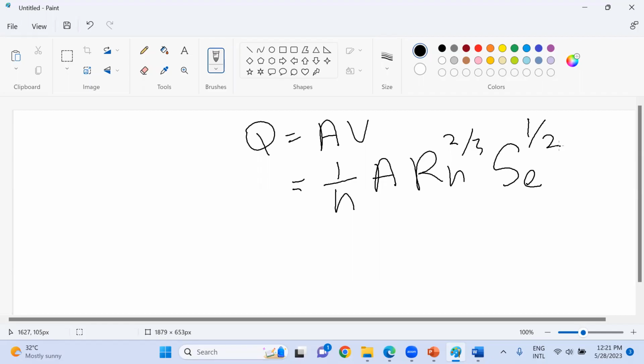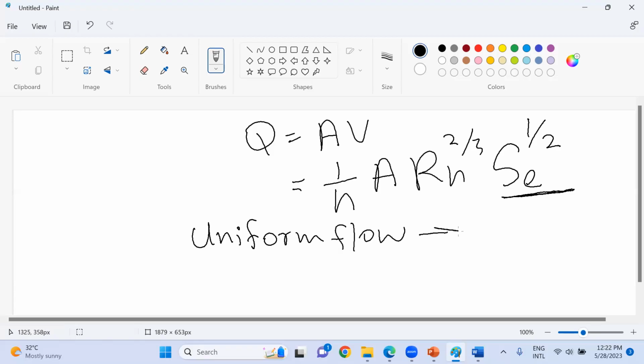Now, very important, right? In the exam, what you need to show is that you understand the basics. You remember the Manning equation was developed, and in the original Manning equation, we have the slope of the energy grade line, that is S_E. But the Manning equation was developed considering uniform flow. So you need to write this one, uniform flow.